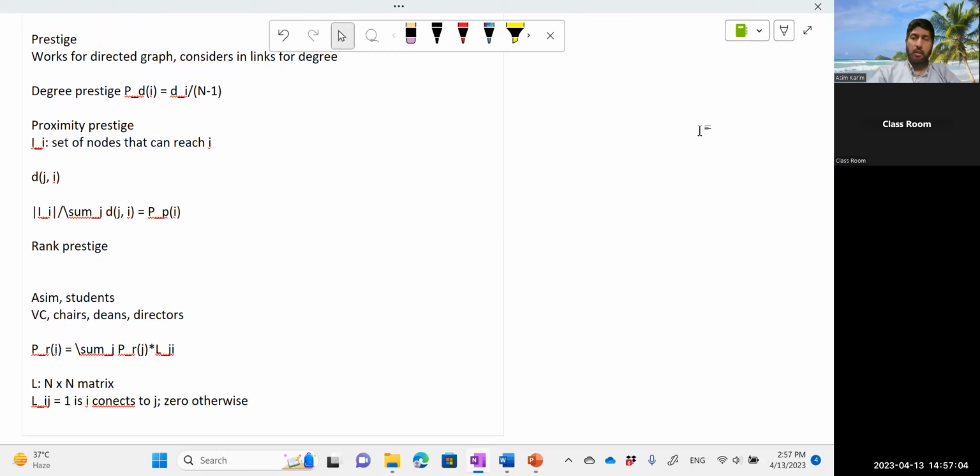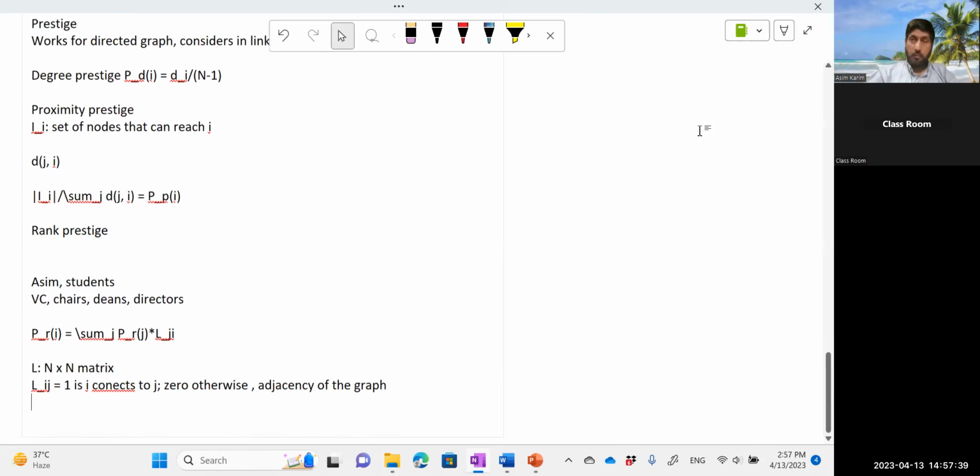So it's a binary matrix, 1 or 0. And by the way, this is also the adjacency matrix of the graph. Okay, the adjacency matrix is also like this. So essentially the nodes that connect to it, we simply add their prestiges and this would give the prestige of the node I. So as you can see, this is a recursive relationship.